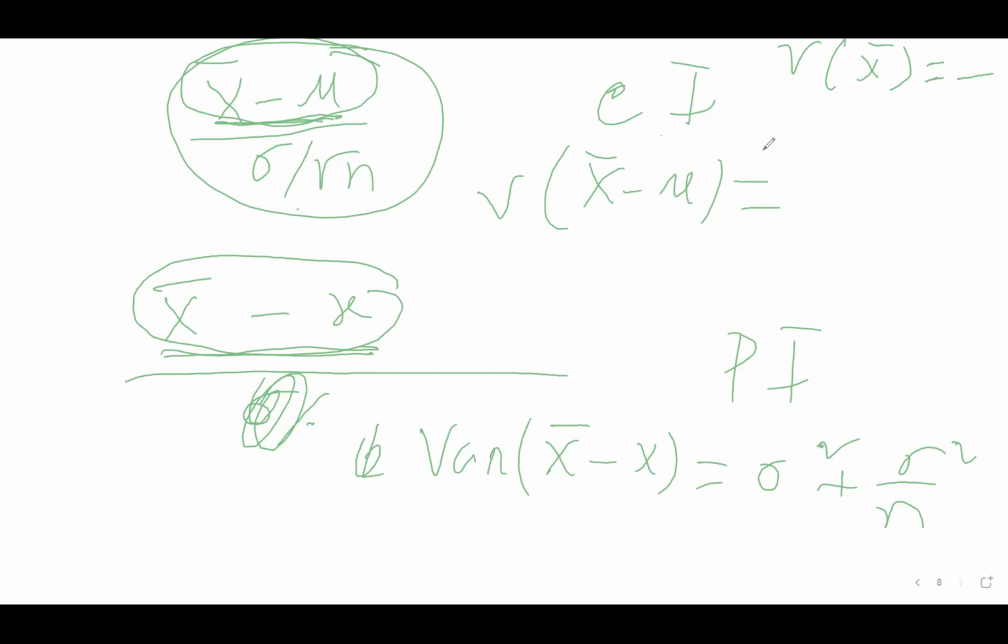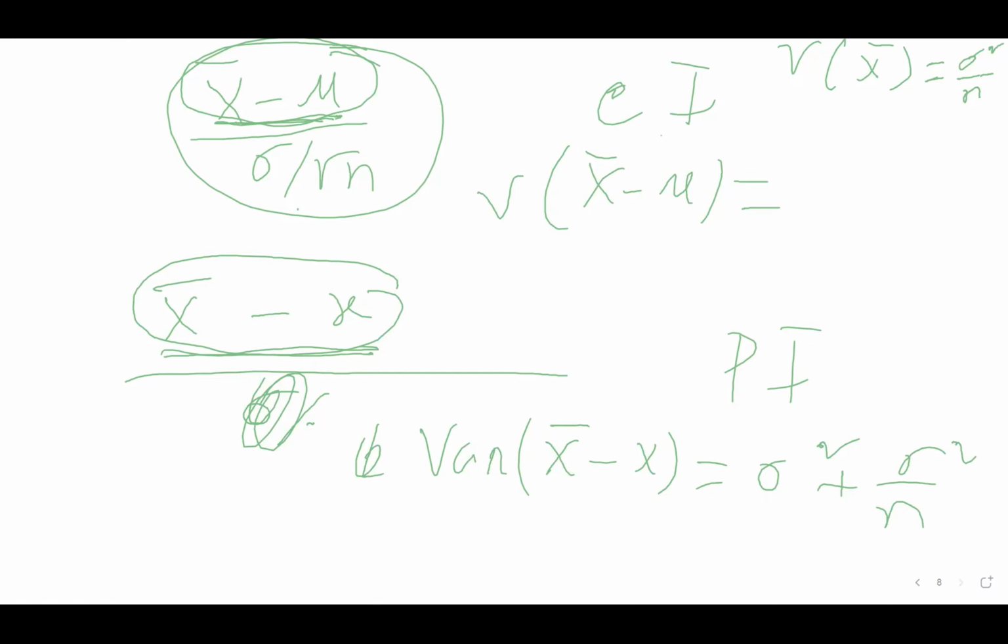Normal distribution with mean mu, and variance, do you remember from the previous class? Sigma square over n, right?